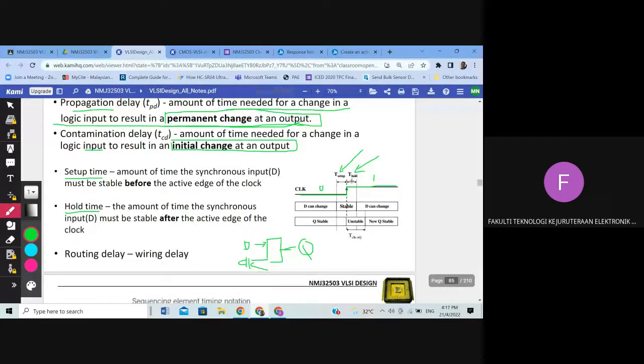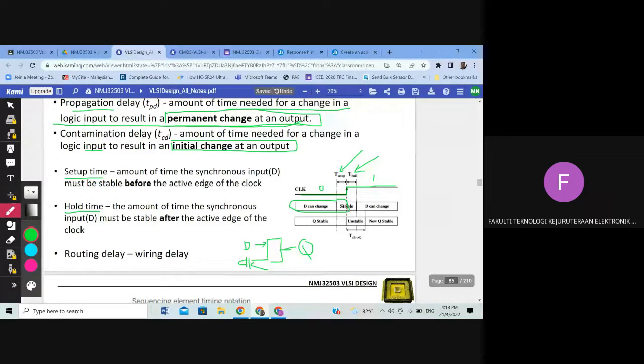That's the required time for the clock. Before the active edge of the clock, your D input must be stable within this time, T setup.